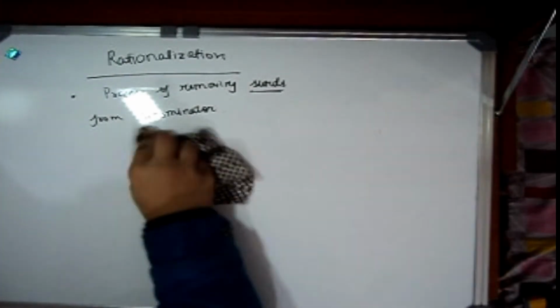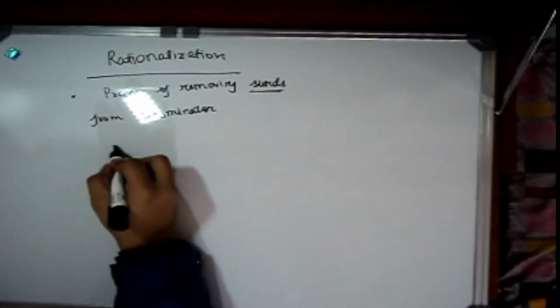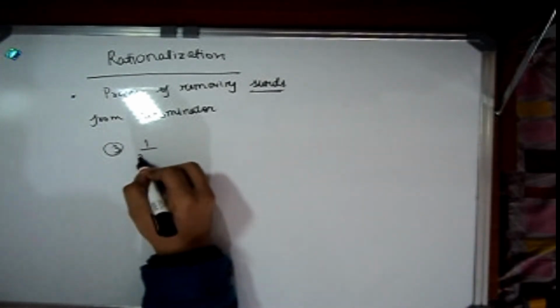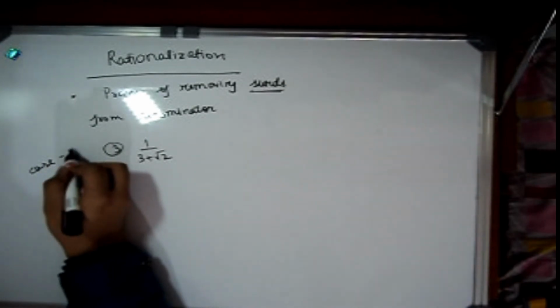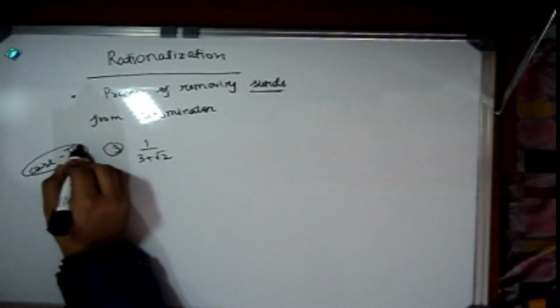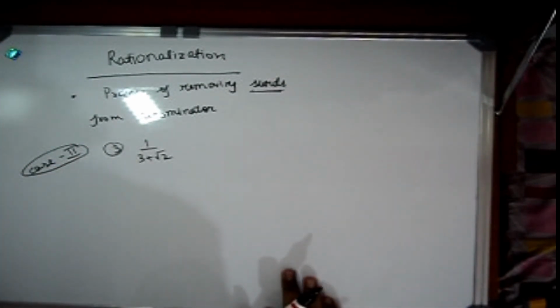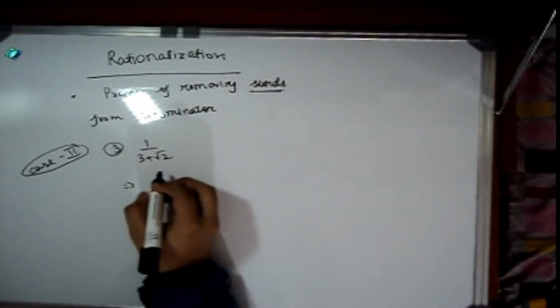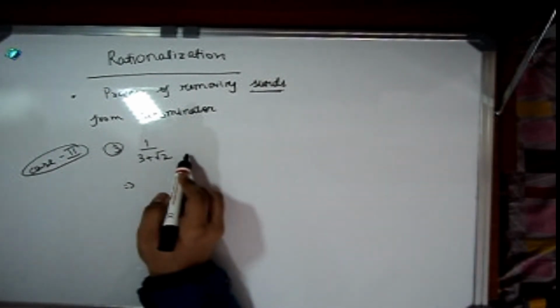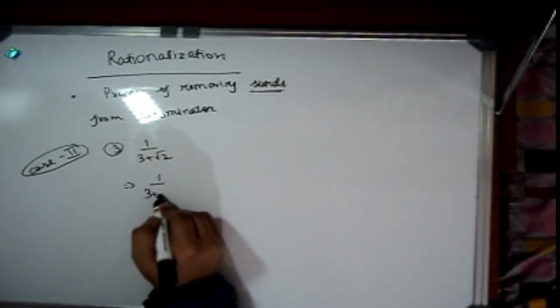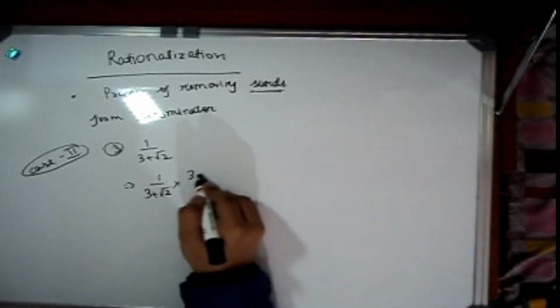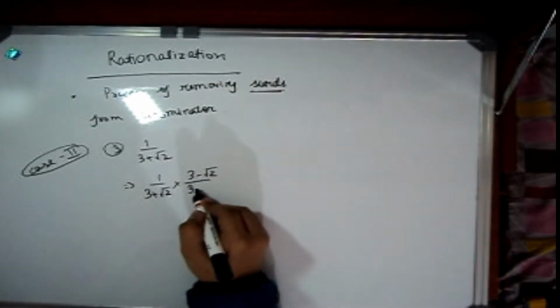The next question is question number 3: 1 by 3 plus root 2. This is a question of case 2. The solution is, we will multiply both the numerator and denominator by the same number but with the opposite sign: 3 minus root 2 by 3 minus root 2.